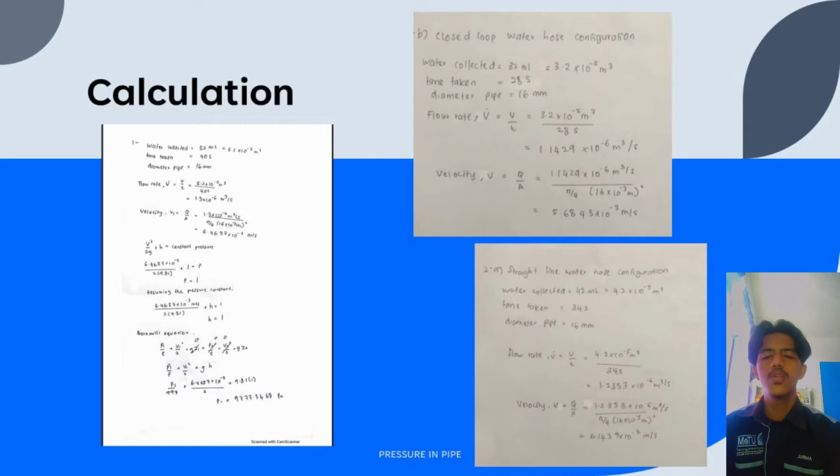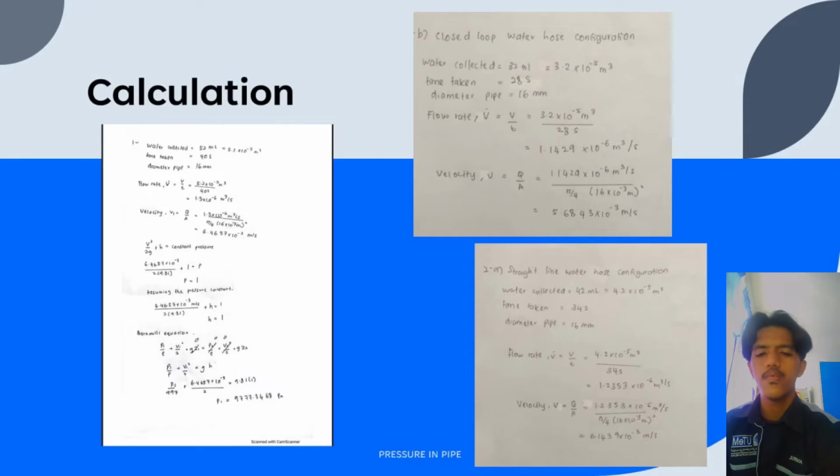Next, for experiment 2A, which is the straight line water hose configuration, we get the water collected is 42 millimeter and the time taken is 34 seconds, and the pipe diameter is constant, which is 60 millimeter. Same as figure 1, we need to calculate the flow rate and velocity.